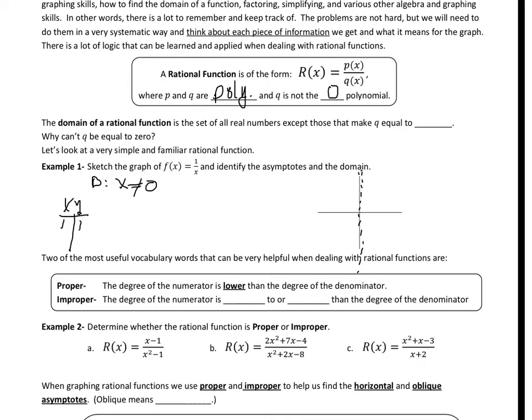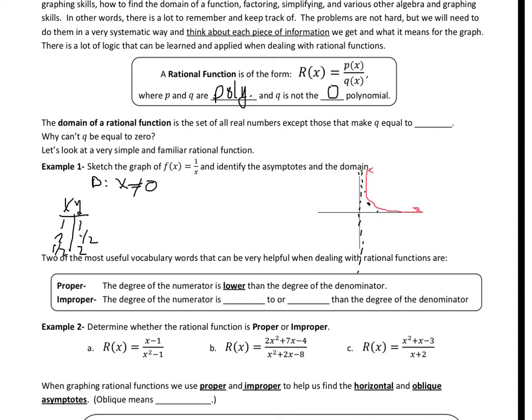That's 1, so we know we're here. What about if x is 2? Then it's 1/2. What about if x is 1/2? 1 over 1/2 is 2. So now we're here. Our graph, that part's going to look like this.